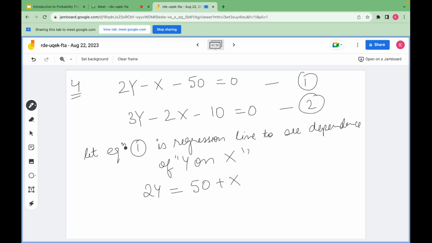I am just supposing that for equation 1, y is the dependent variable, y depends on x. For equation 2 I will consider that x depends on y. It is an assumption.